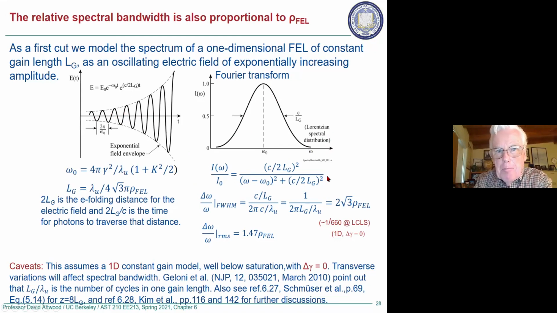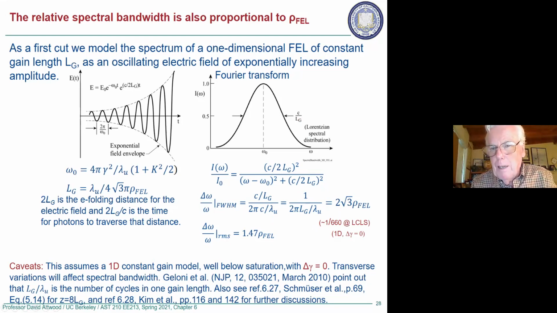And if you ask what the full width at half max is, it's this C over LG divided by the frequency. If you put them in, you find, maybe surprisingly, that it's just equal to some constant times the FEL parameter.